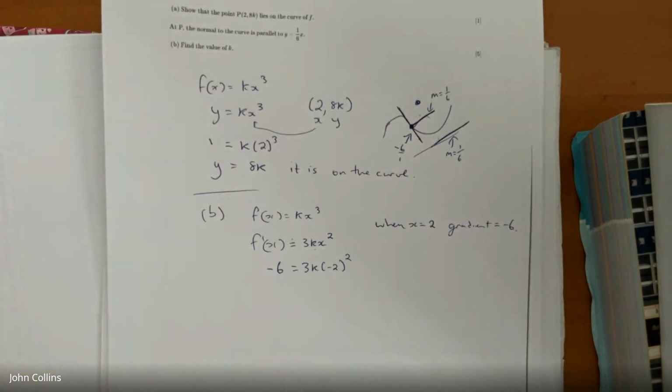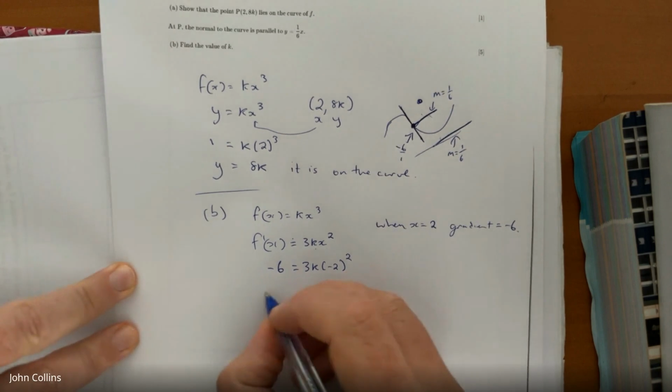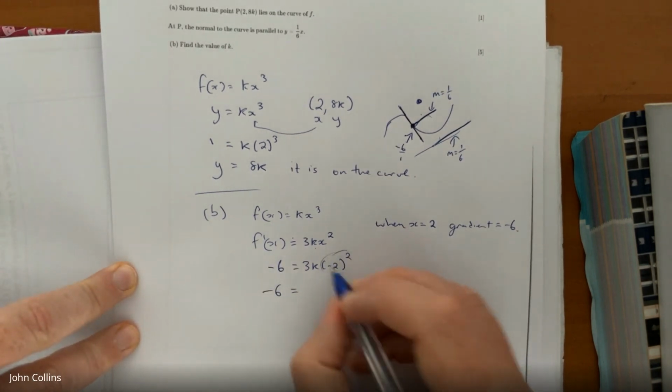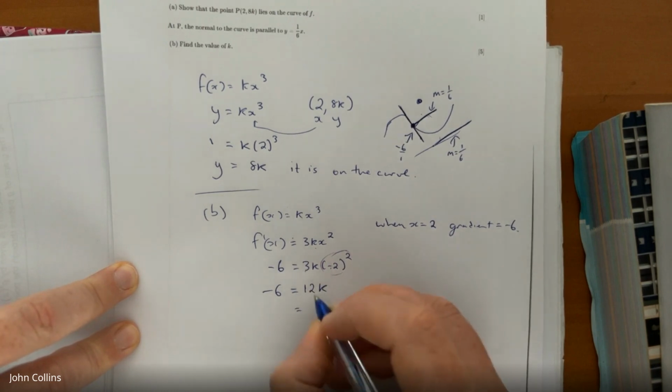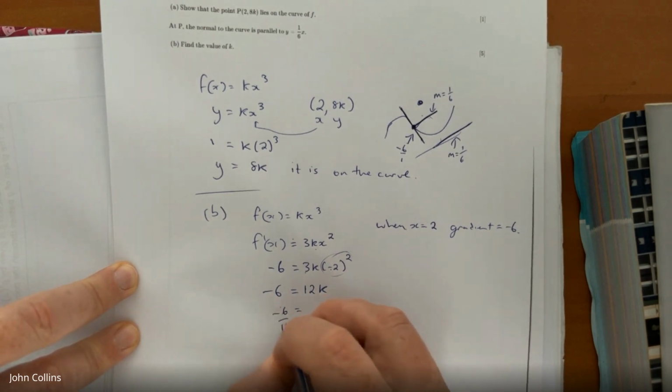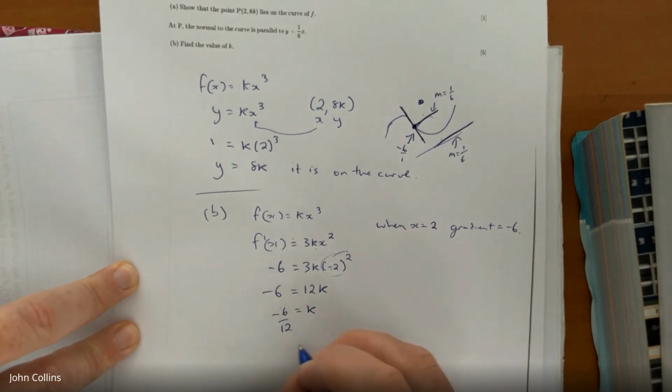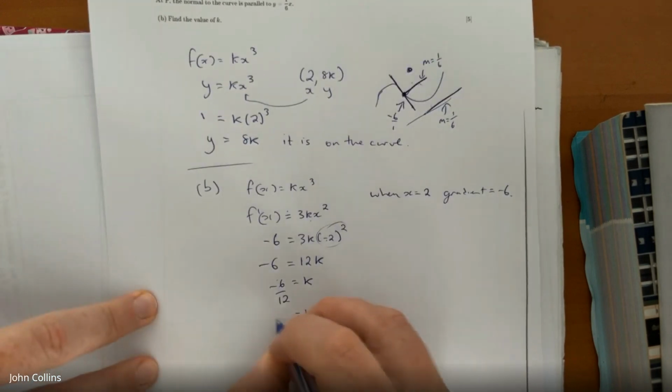And that will help me find k. That was technically probably the hardest question on the exam to understand how to actually find the answer. So that's minus 6. Squaring that gives 4. 4 times 3 is 12. And then divide that, minus 6 over 12 is equal to k. So k will be negative.